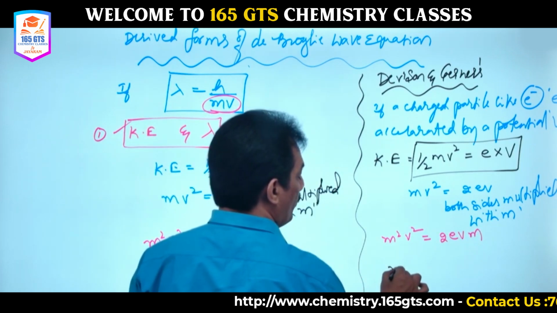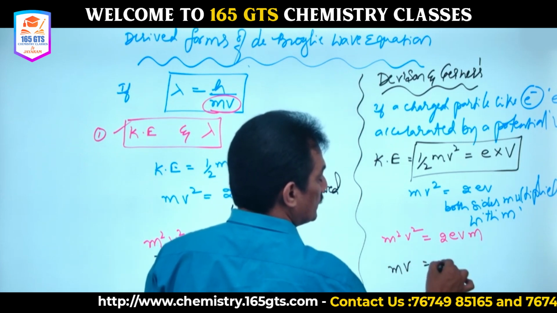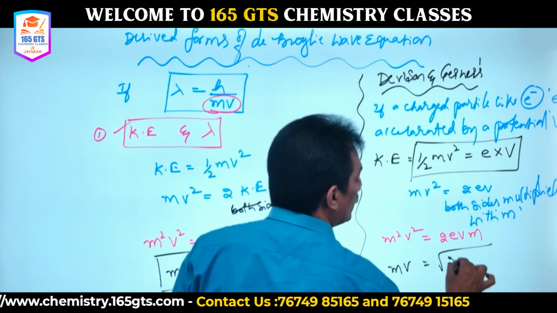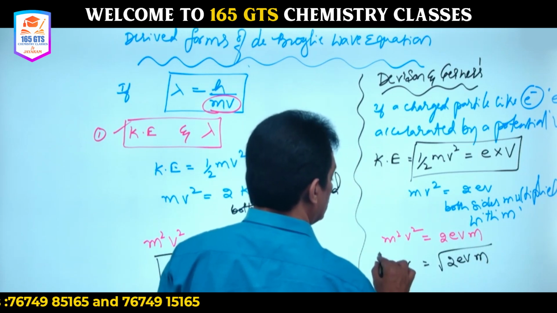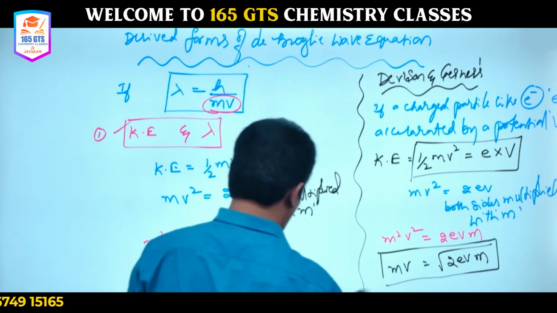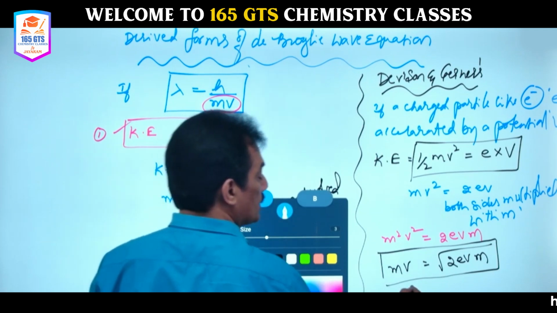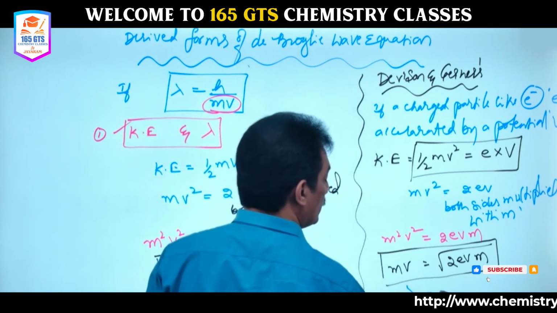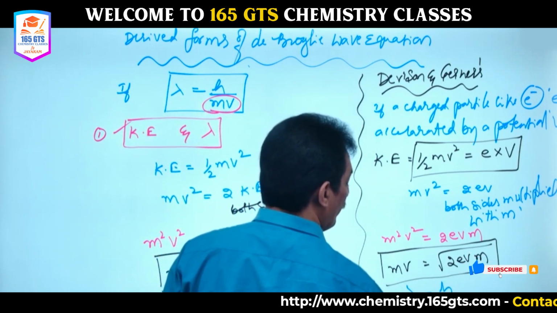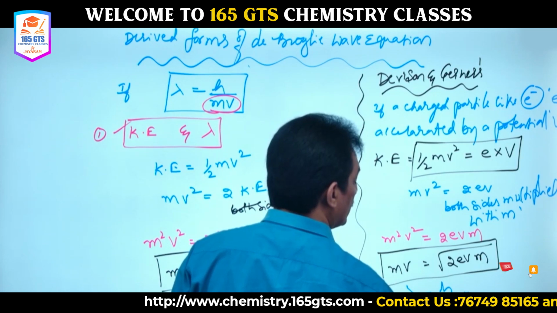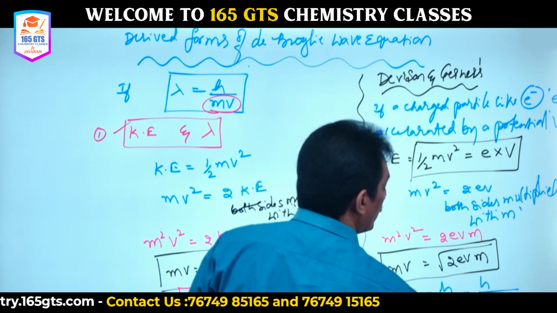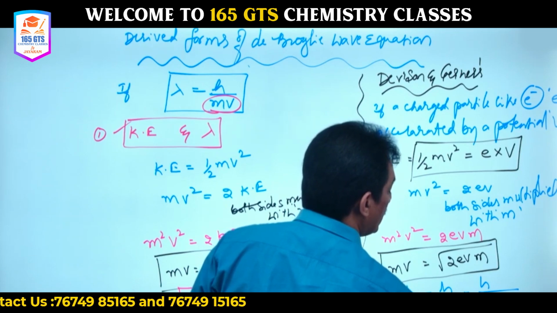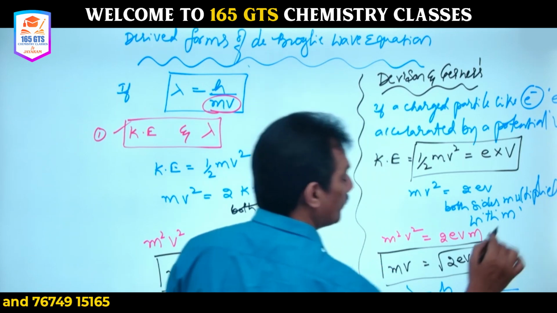Hence mv from this relation is equal to under root 2eVm. This is mv. And now de Broglie's wave equation, lambda is equal to h by mv. Instead of mv, we can write h by under root 2eVm.